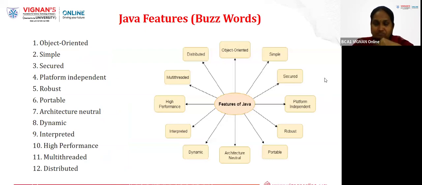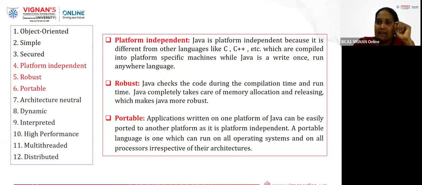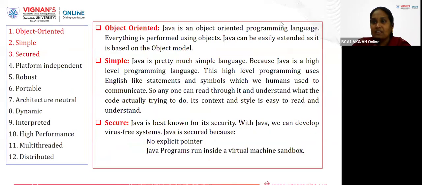First one, object-oriented language. We know that Java is an object-oriented programming language. Here in Java, everything is performed using objects only. And Java can be easily extended as it is based on object models.